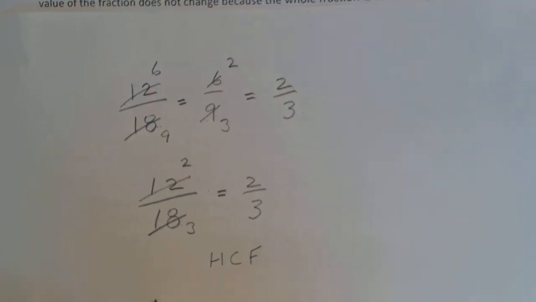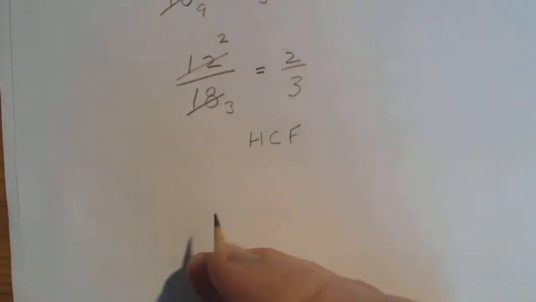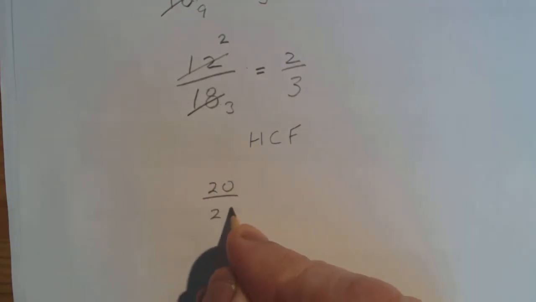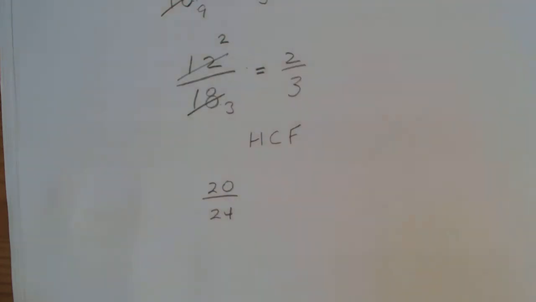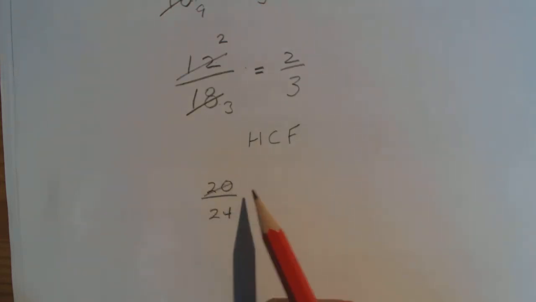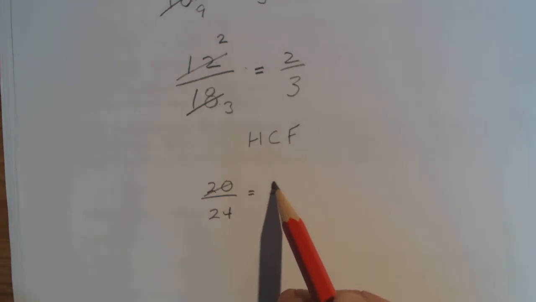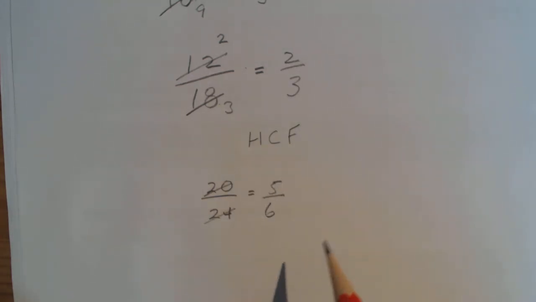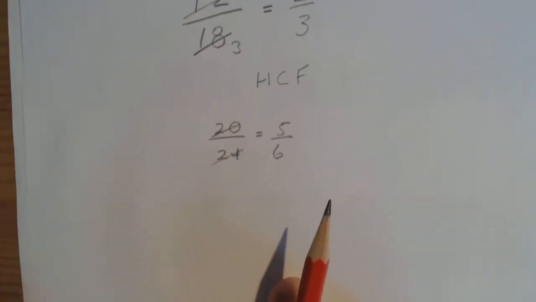So for example, if we have 20 over 24, we find the largest number that divides into 20 and 24, and that number is 4. So 4 into 20 is 5 times. 4 into 24, 6 times. And that is how you simplify 20 over 24.